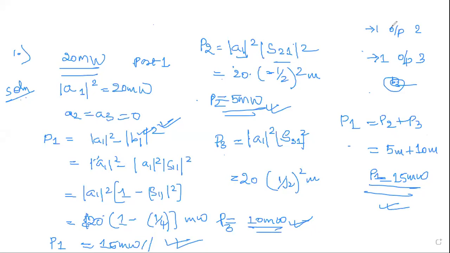Write down the question. Consider a lossless H-plane T junction with 50 milliwatt of power being fed into port 1, and the other 2 ports, 2 and 3, are match terminated.